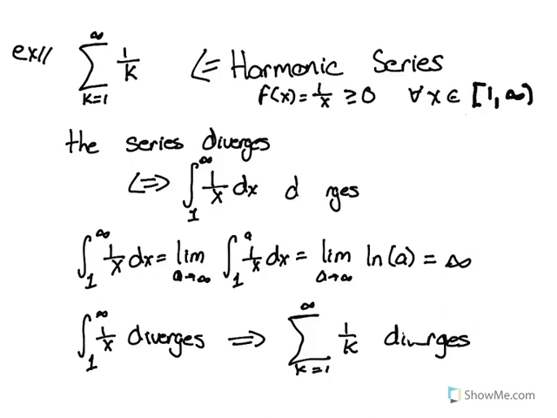And now we check it's decreasing, and we do that by saying, well, if x is greater than y, then 1 over x is less than 1 over y, which implies that f of x is less than f of y.